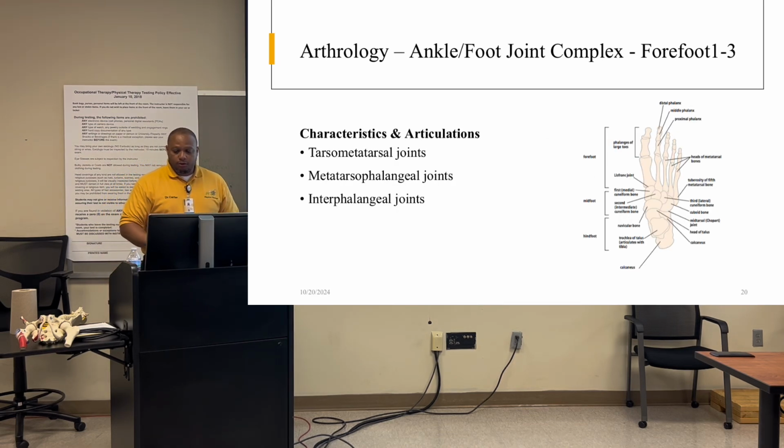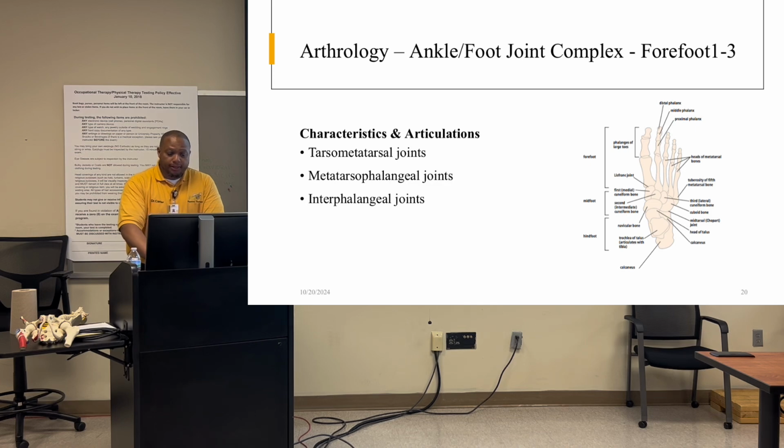So, Lisfranc joint, fascinating. A Lisfranc fracture is a fracture of the midfoot. Very fascinating. But anyway, tarsometatarsal joints, metatarsophalangeal joints, and interphalangeal joints, those are the joints that are in the forefoot.